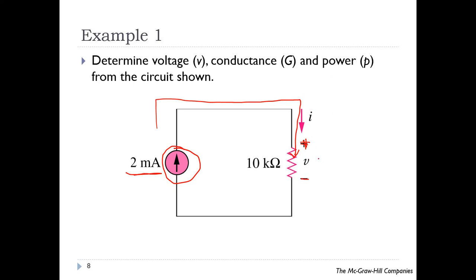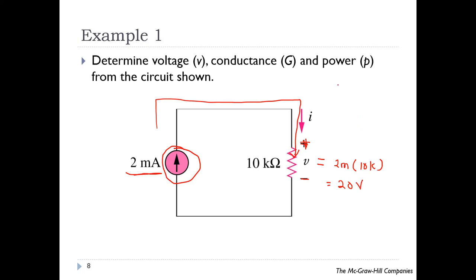So to find voltage, V equals IR. I is 2 milliamp and R is 10K. So you have 20 volts for voltage.